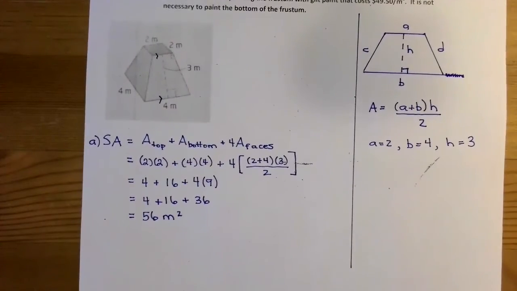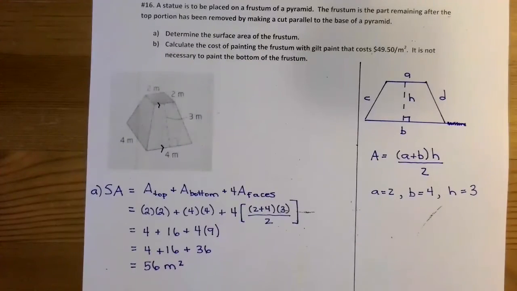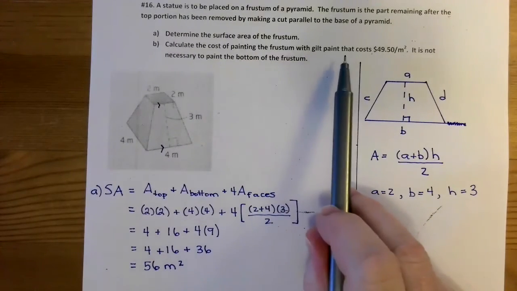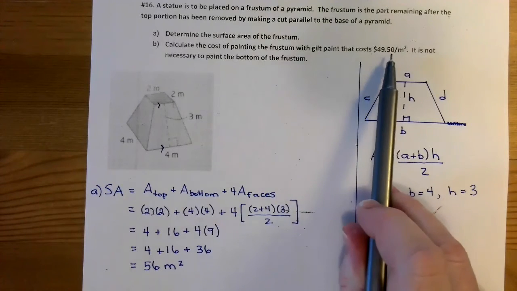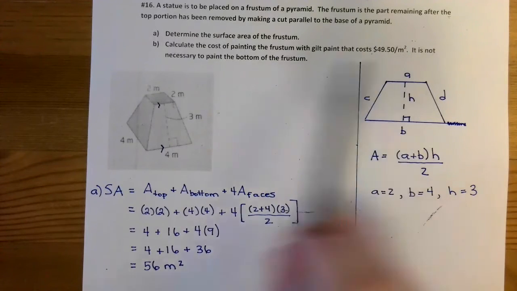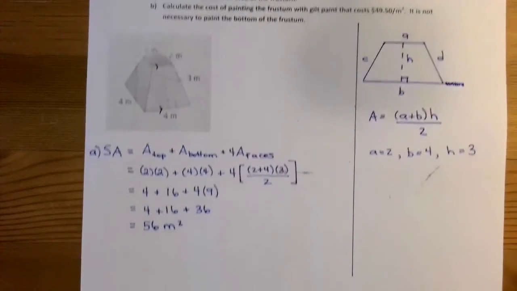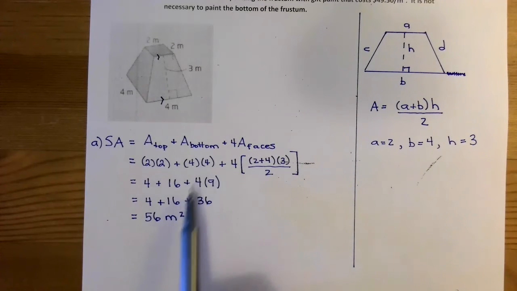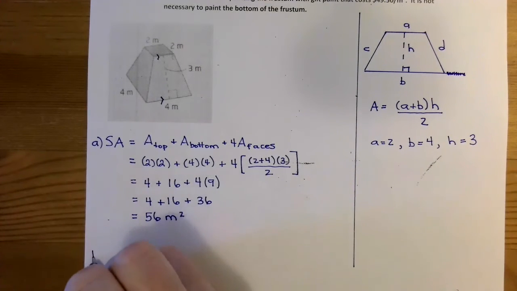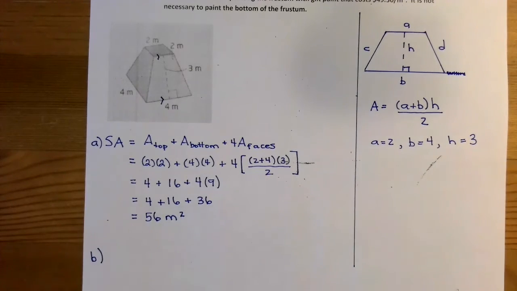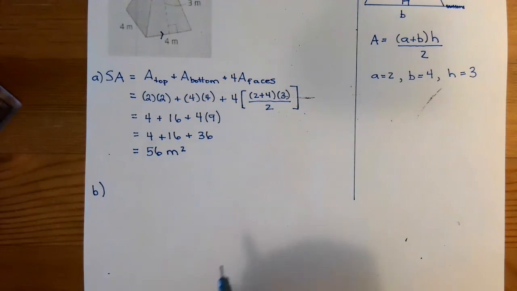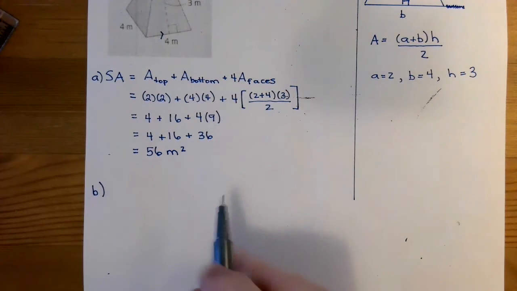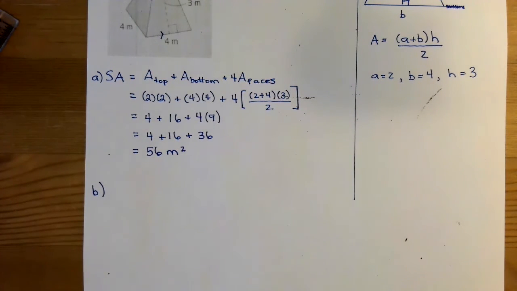Now, part B says calculate the cost of painting the frustum with the gilt paint that costs $49.50 per meter squared, and you don't need to paint the bottom of the frustum. We can do this in many different ways, but the way I'm going to go about it is to take the surface area of the frustum that I calculated and subtract off the area of the bottom.